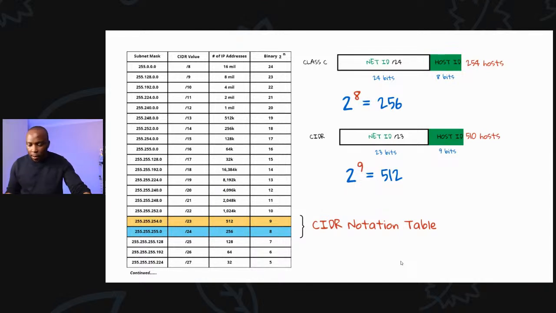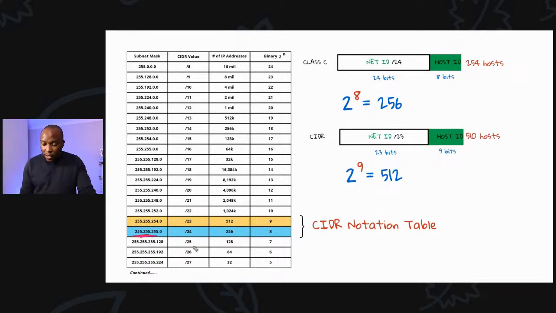And I said, as you increment, right? So let's start with the /24. With the /24, we say that the first 24 bits are reserved for the network address. The last 8 bits are reserved for the host address.